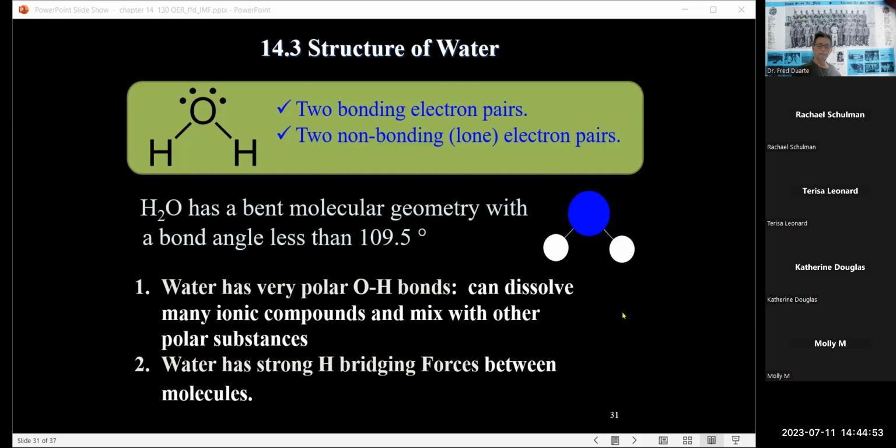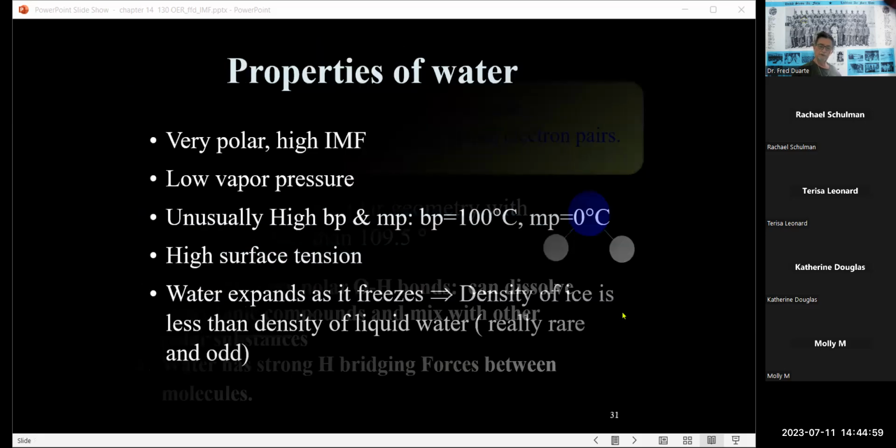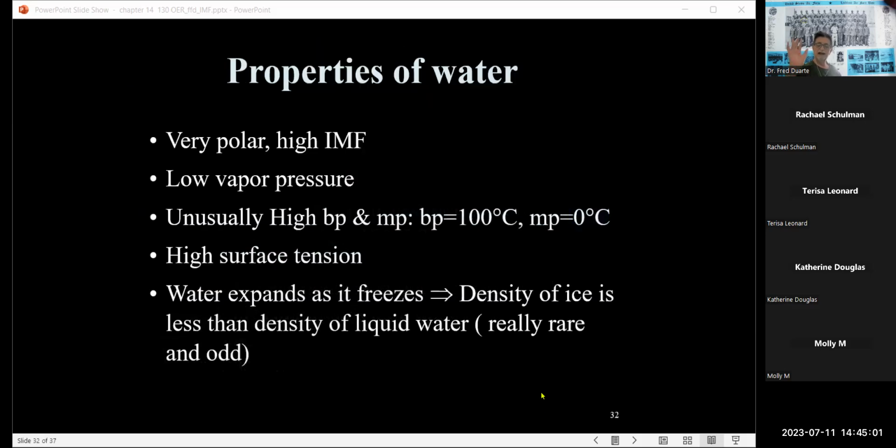Water has a very strong hydrogen bridging force between the molecules, very strong. Very unique properties: very polar, has a high IMF, low vapor pressure, boiling point 100 degrees, melting point 0 degrees, has a high surface tension, and it has a unique property when it freezes. When it goes from a liquid to a solid, it actually expands.